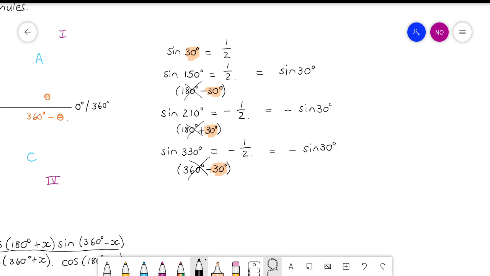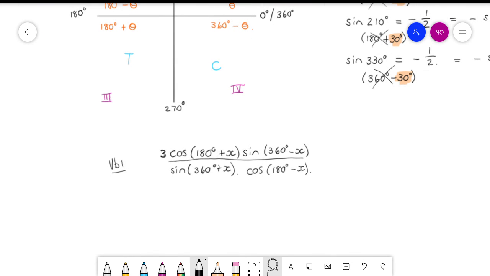Okay, so let's look at this one. Identify the quadrant of 180 plus. Quadrant 3, right? 180 plus is in quadrant 3. With what function am I working there? Cos. What is the sign of cos in quadrant 3?